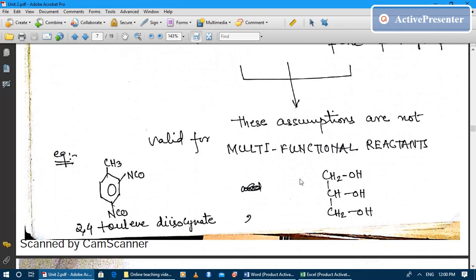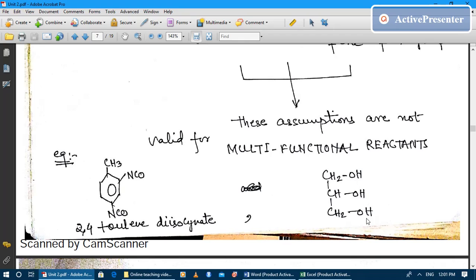But practically these assumptions are not at all valid for multifunctional reactants, okay, like 2,4-toluene diisocyanate, where the reactivity of the NCO groups is different because of their attachment at different locations, at the ortho and para locations.